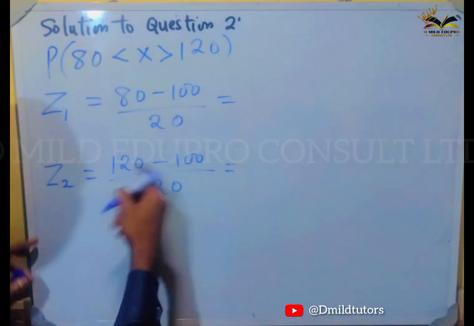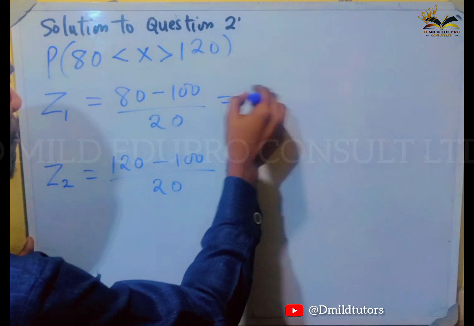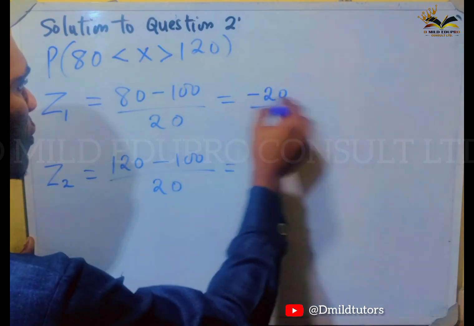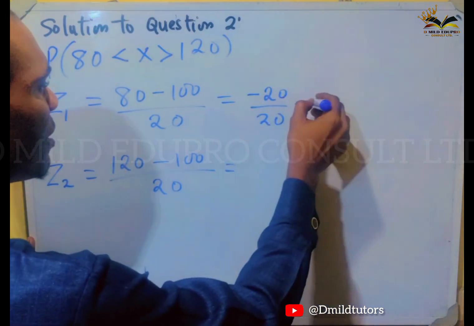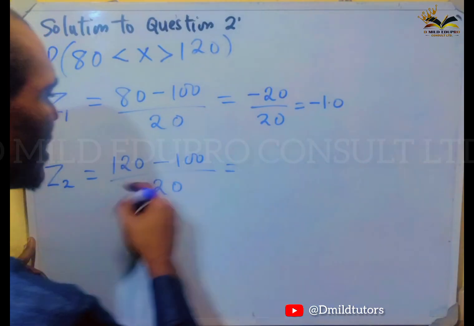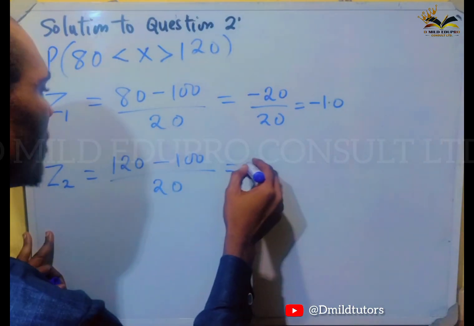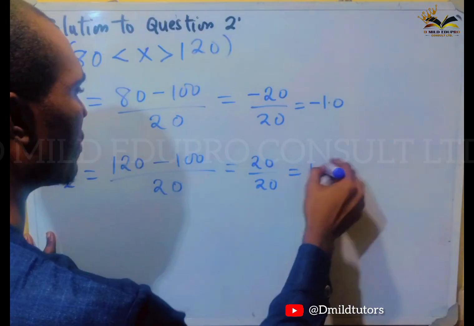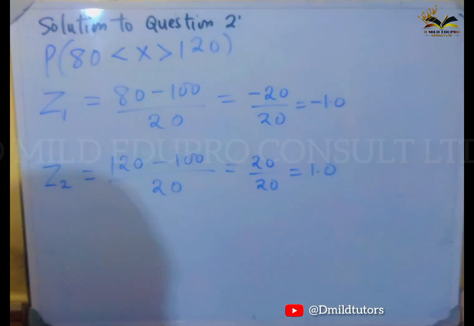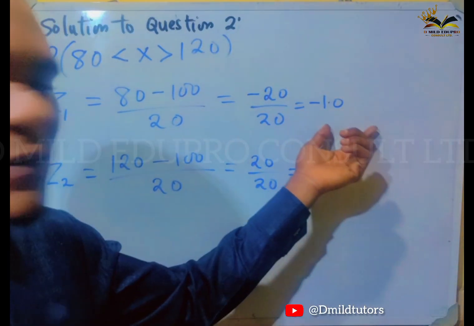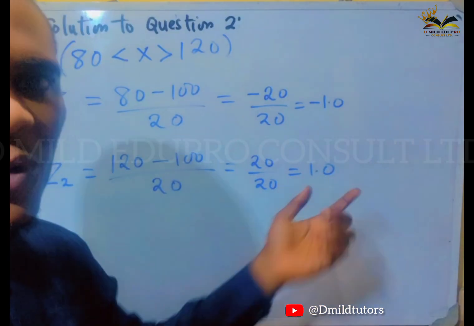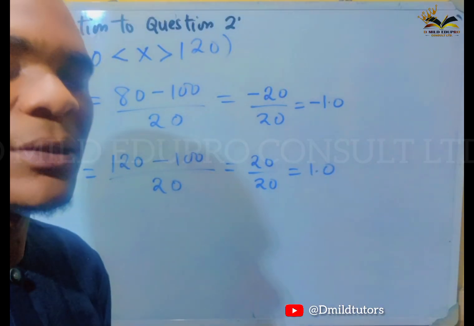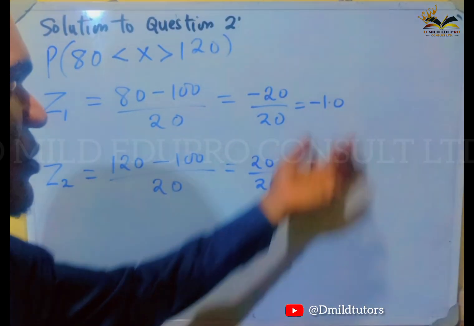Remember, if you simplify this, this is minus 20 over 20, which is minus 1.0, and this is the same thing like what we did the first time, 20 over 20, which is 1.0. So we have two z-scores. The values for minus 1 and plus 1 are different in that statistical table, so we need to look for this.